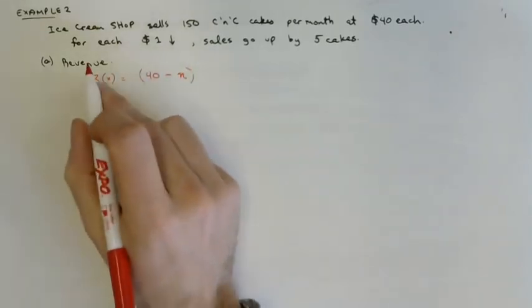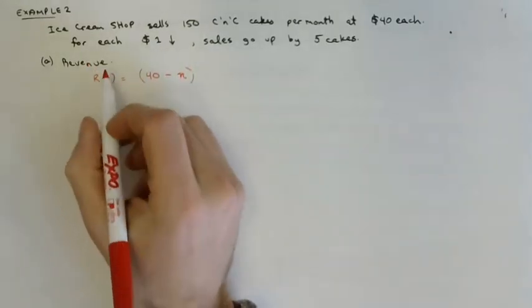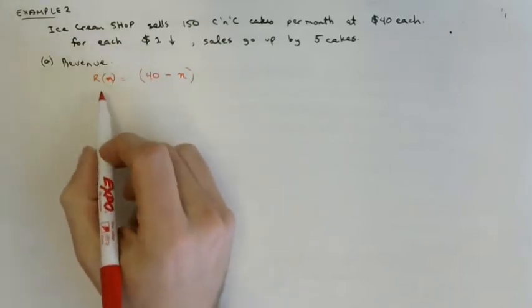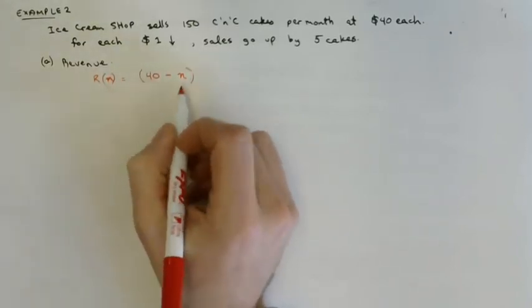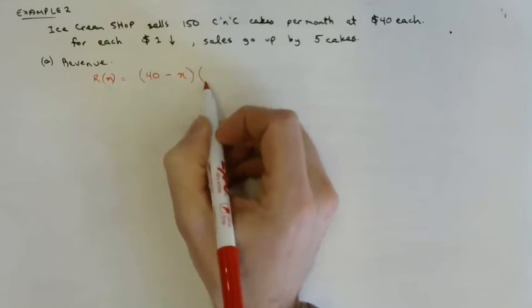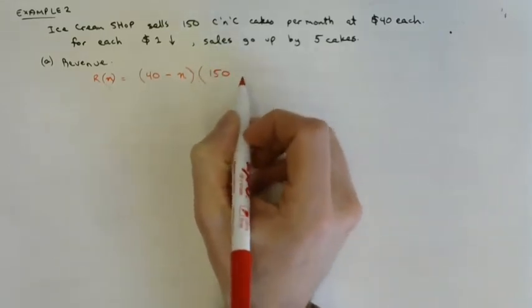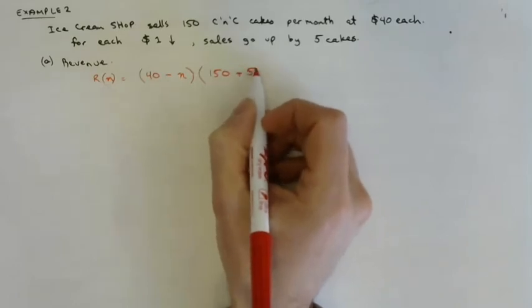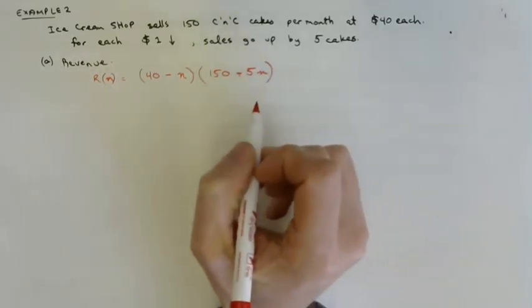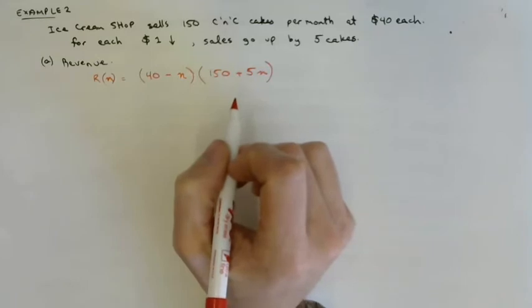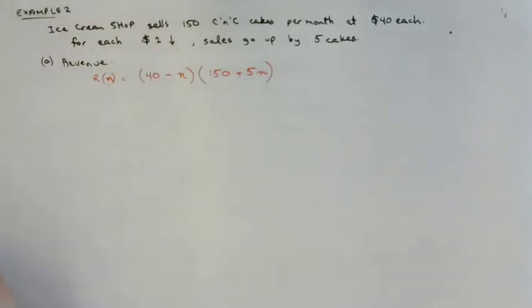N is the number of price drops, which would mean we're actually finding R with respect to n. R with respect to n is the price, which is 40 minus n, times the number sold, which is 150 plus 5n.